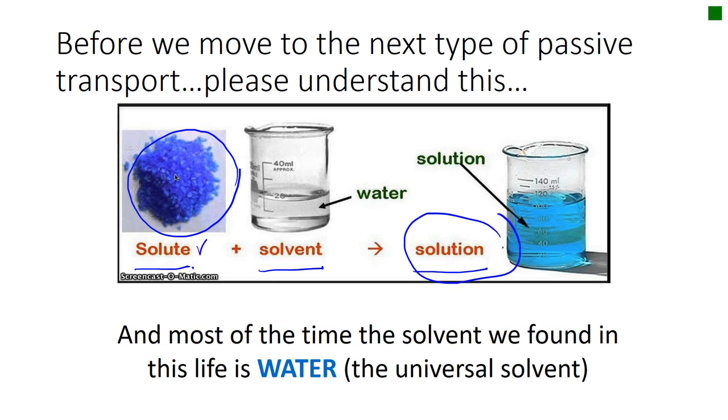So solute could be salt, sugar, and many others. While solvent is most likely water, because it is a universal solvent. We will talk about the universal solvent in the next chapter on biochemistry. For example, if you have salt as the solute and water as the solvent, the result will be saline water. That's your solution. Now, I hope you understand the meaning of solute, solvent, and solution.